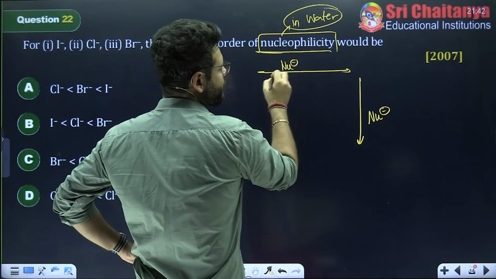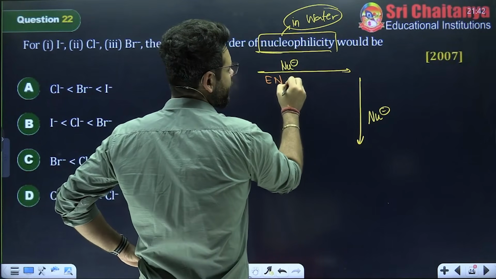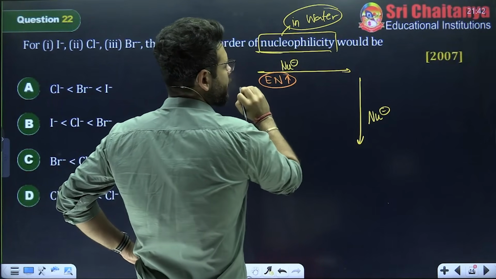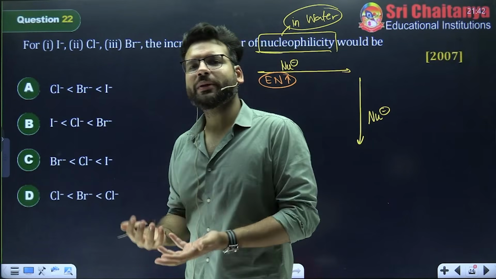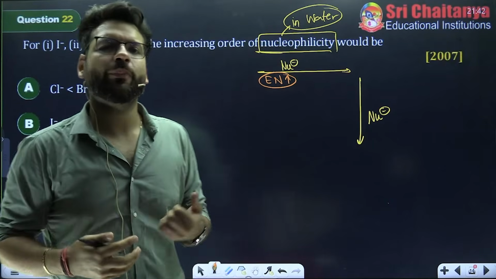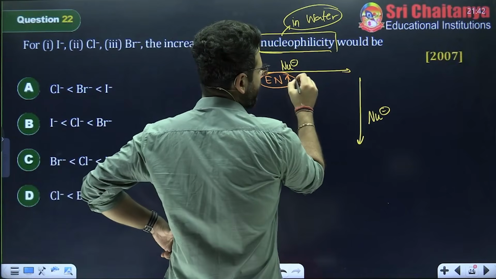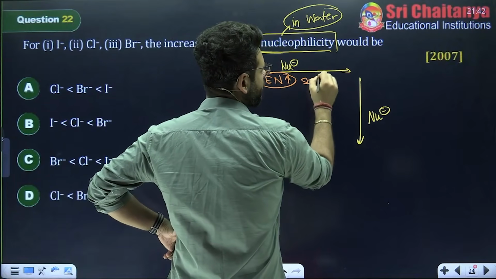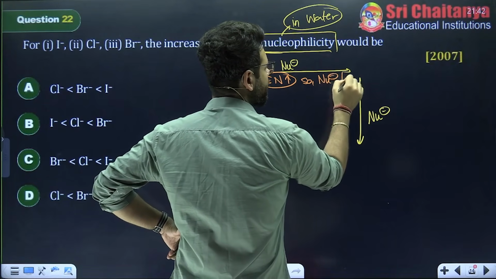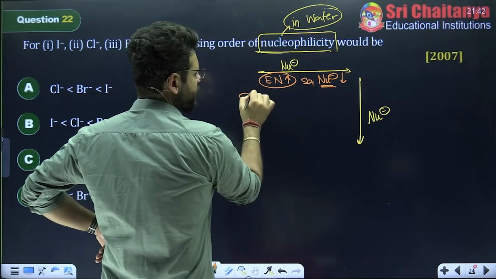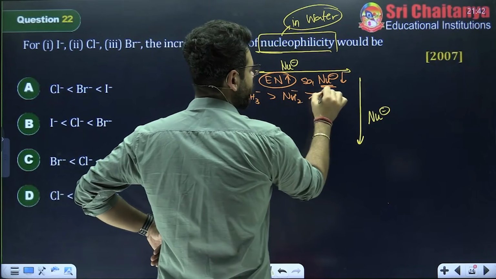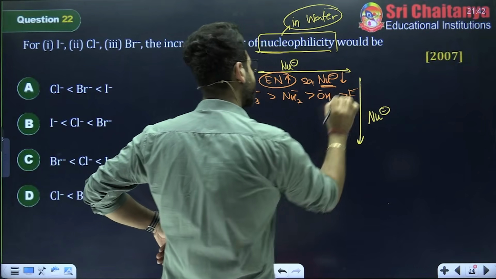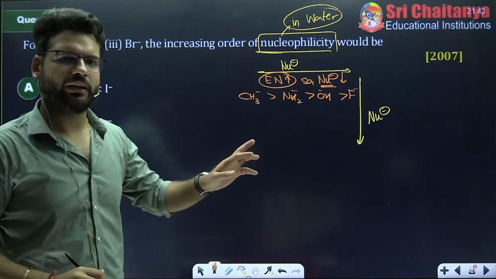Left to right, as we know, electronegativity increases. So an electronegative atom would want to keep its electrons to itself and will be a poor nucleophile. So electronegativity increases, so nucleophilicity decreases. CH3 minus is a better nucleophile than NH2 minus, which is better than OH minus, than F minus. Left to right decreases.